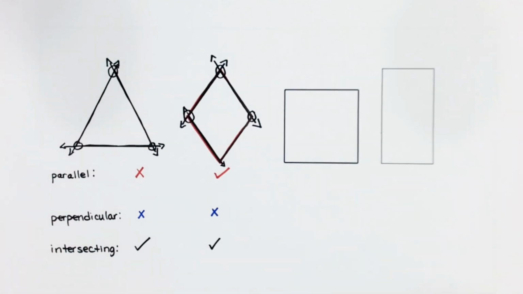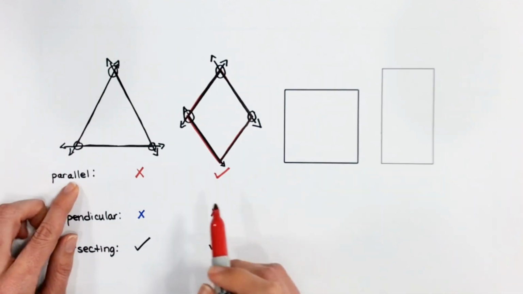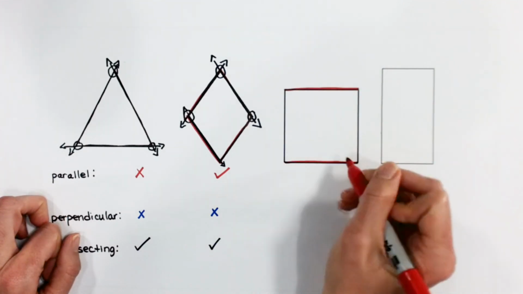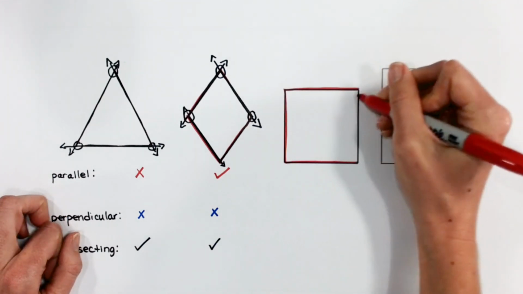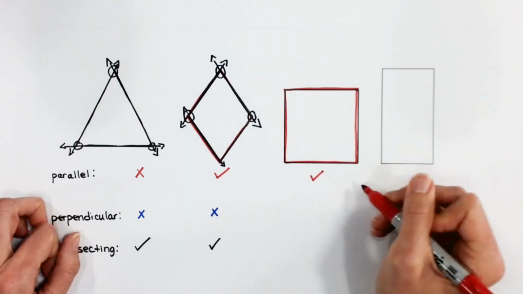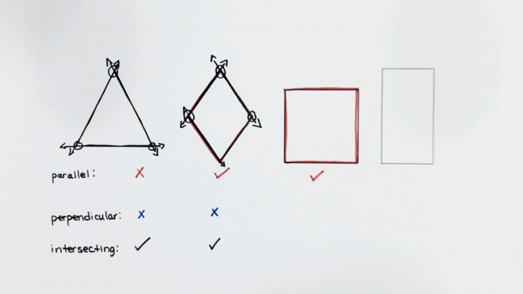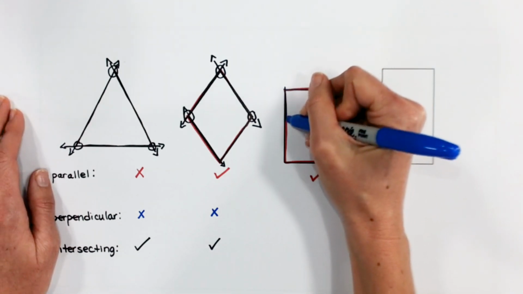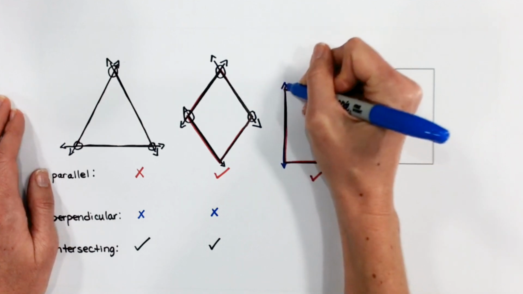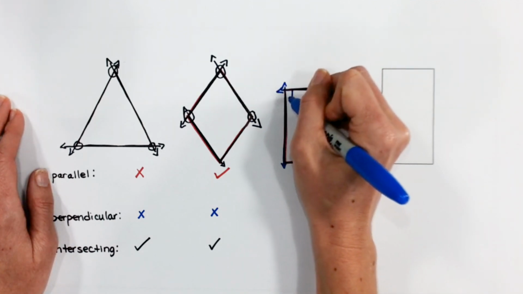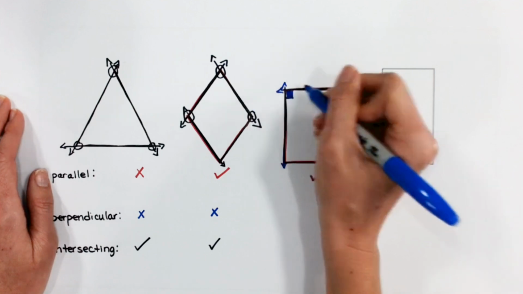Next, let's look at our square. I'm looking for parallel lines. This line here is parallel to this line, and this line is parallel to this line. So yes, my square has parallel lines. What about perpendicular lines? I can see that this line and this line do meet at a point, and that angle is 90 degrees.